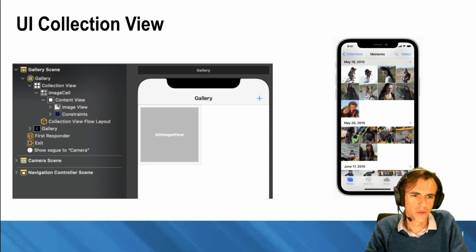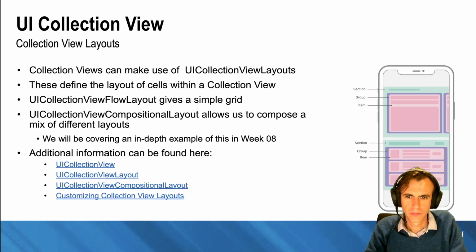If you've seen the Photos app in iOS, it makes heavy use of collection views. One of the interesting things about collection views is they can make use of various layouts.